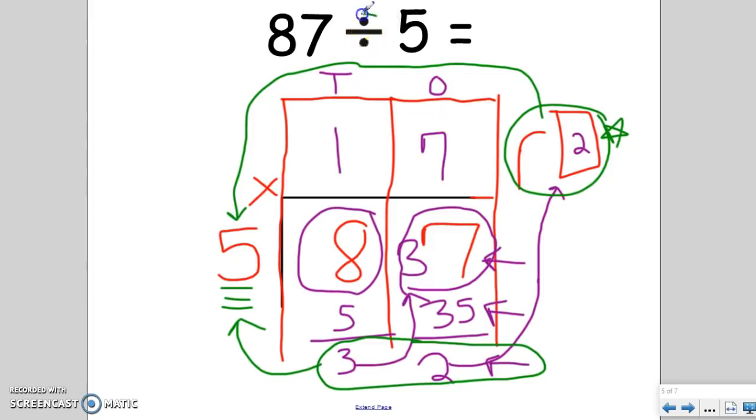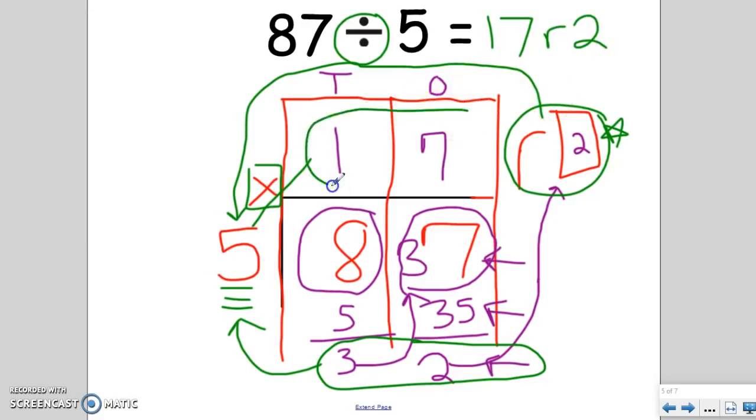We're also going to use the opposite operation of division to check our answer, which we know is multiplication. In order to check our answer, we're going to take our quotient. Our total answer is 17, remainder 2. We're going to take the 17 part of our quotient and multiply it by our divisor.